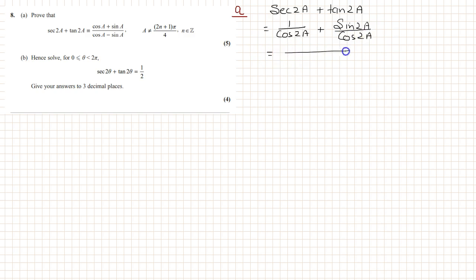So that can be written as cos 2a plus sin 2a.